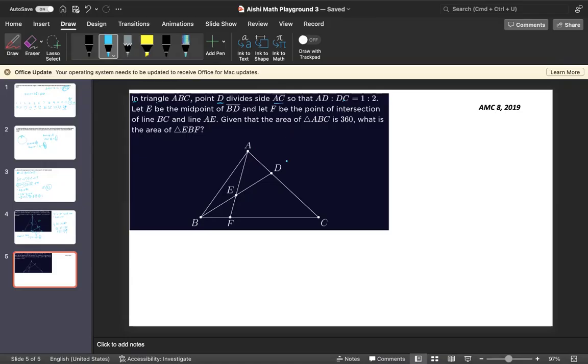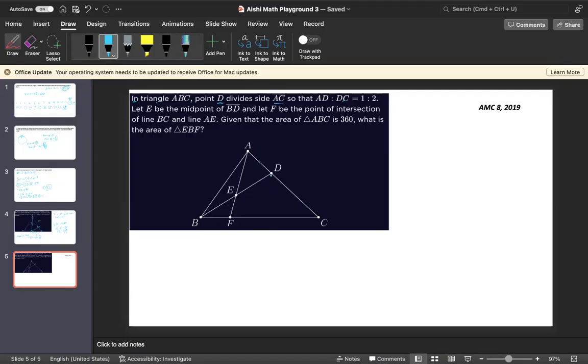Okay, let's start out by finding some areas that we already know. Since AD is to DC is 1 is to 2, AC is to DC would be 3 is to 2. And the base of triangle ABC and triangle BDC is the same, BC.